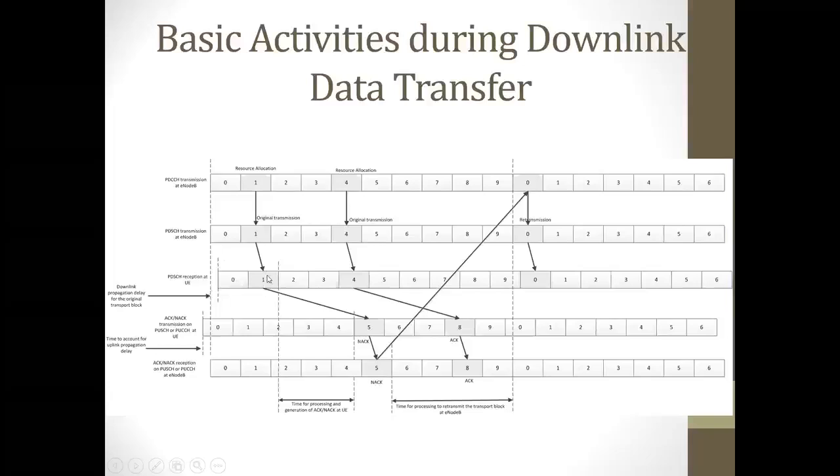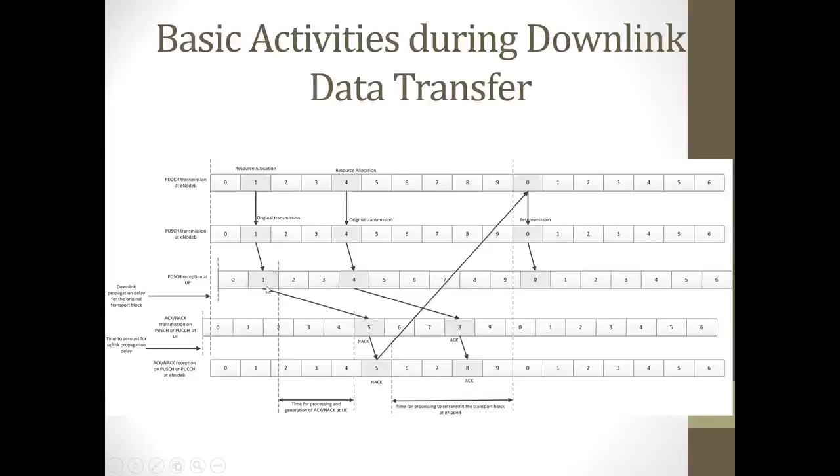Then the UE will decode and find out whether it is ACK or NACK. This requires some time because it's a decoding process, and the process takes a while. So there is actually a 4 subframe gap here.